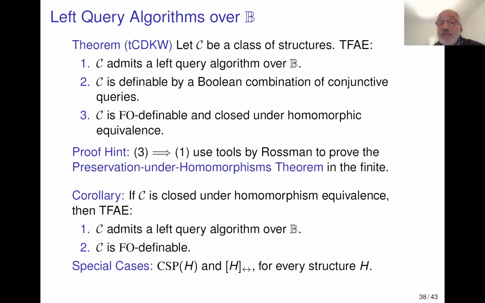Another example is you take a graph and you take its homomorphic equivalence class. That's first-order definable if and only if it admits a left query algorithm, because obviously the class is closed under homomorphic equivalence. So this completely characterizes which classes admit a left query algorithm over the Boolean semiring.